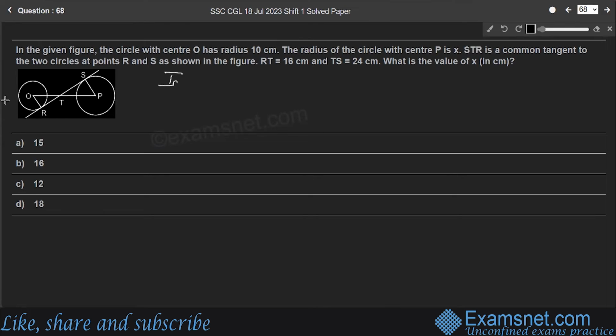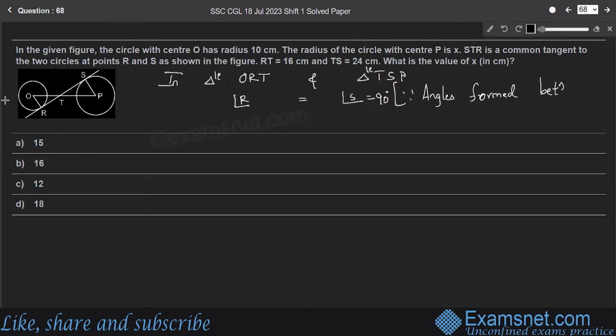So, in triangle ORT and triangle TSP, consider two triangles. Angle R is equal to angle S because these two angles are 90 degrees, the angles formed between tangent and radius at the point of contact.